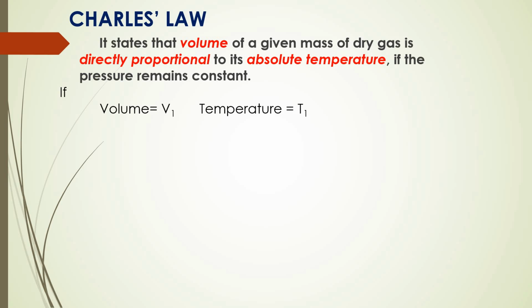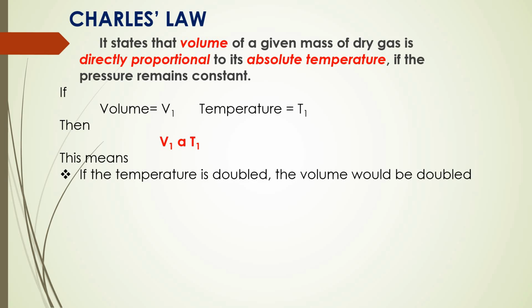Suppose the volume is represented by V1 and temperature by T1. Then according to Charles' law, V1 is directly proportional to T1. This means that if the temperature is doubled, the volume would be doubled.